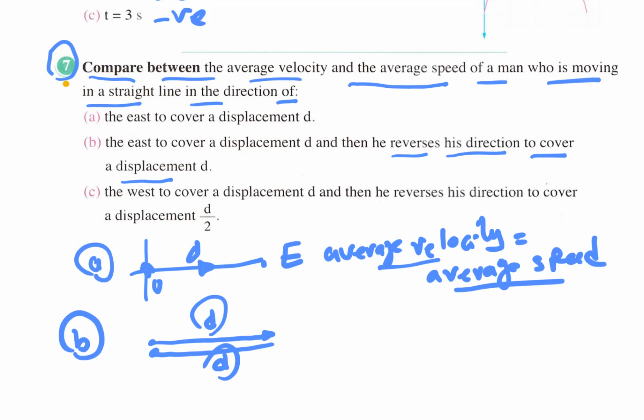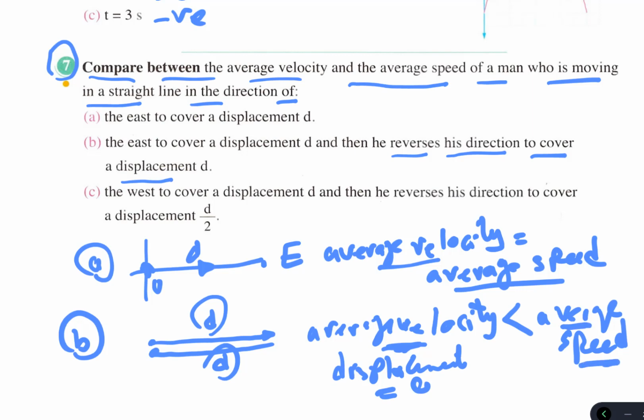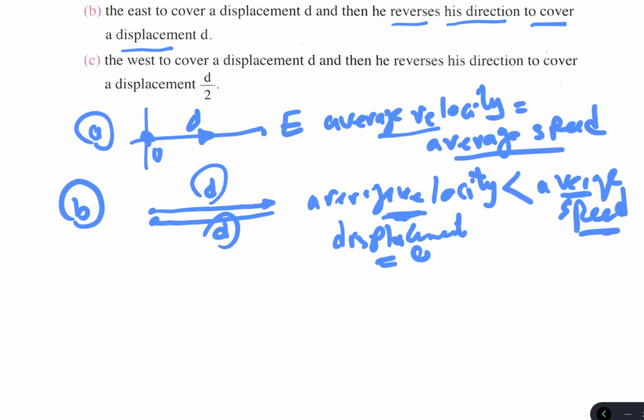So the average velocity is less than the average speed. You know why? Because in velocity you need to divide displacement over time, and displacement equals 0. So average speed is always larger than average velocity.